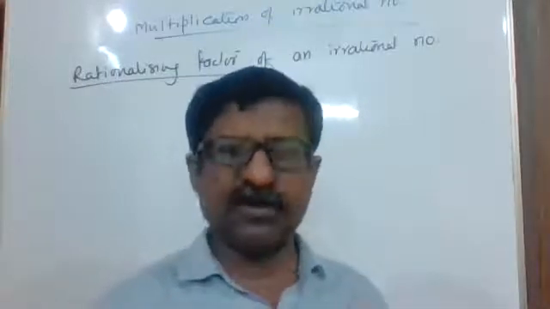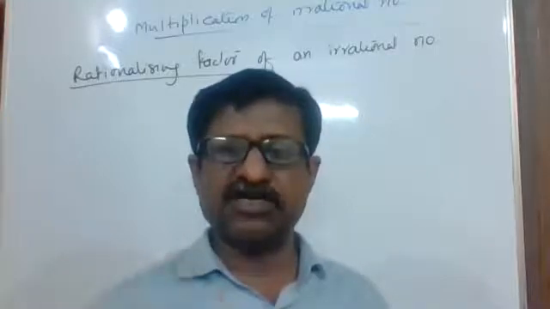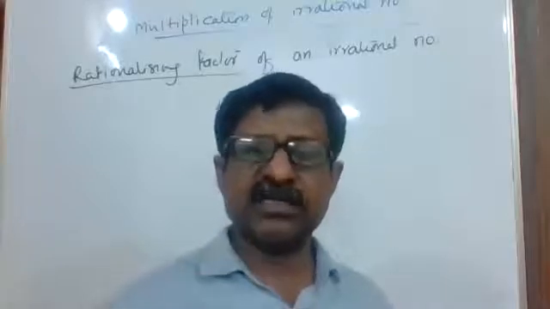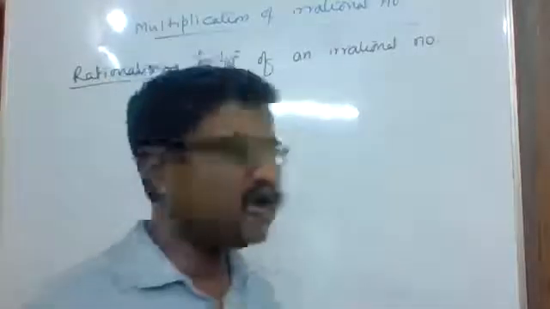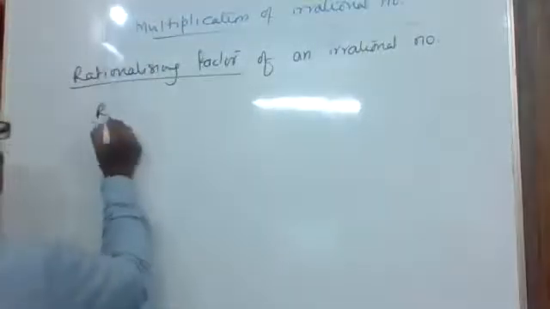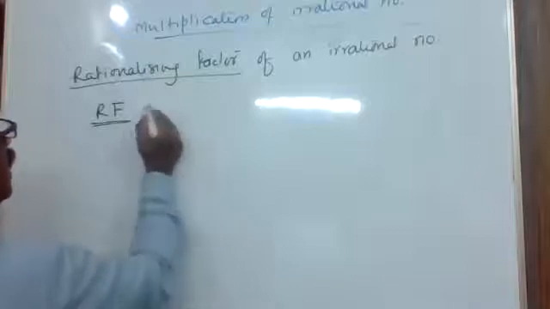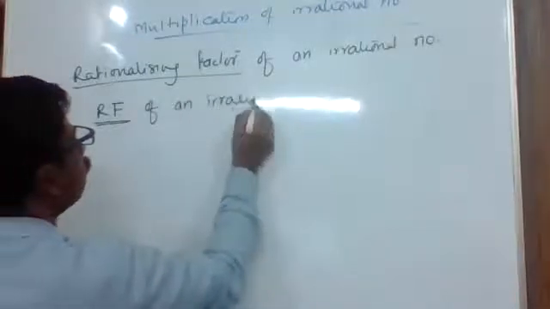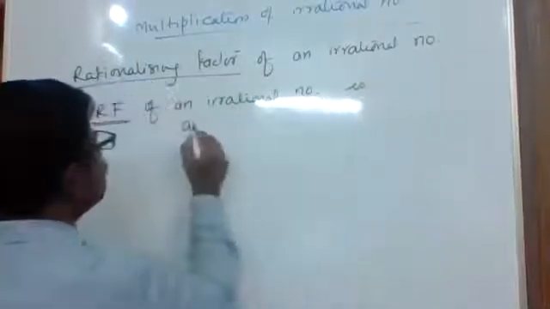I'll explain the meaning of it. By the time you practice the questions of multiplication of different irrational numbers, and next day we will do it in detail. Now, what is rationalizing factor? RF, I'm writing in short. RF means rationalizing factor. RF of an irrational number is another irrational number.